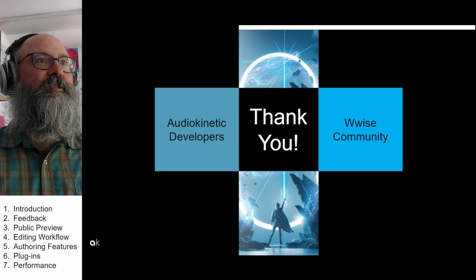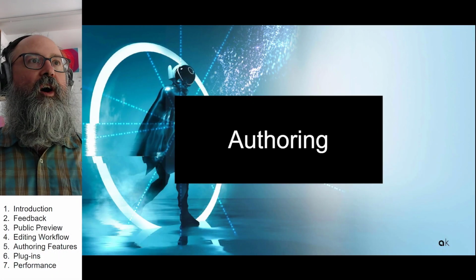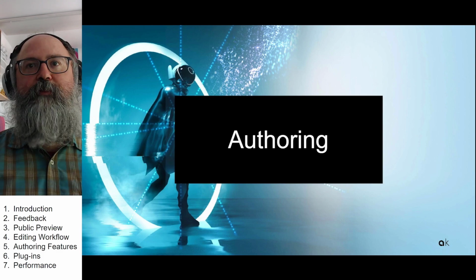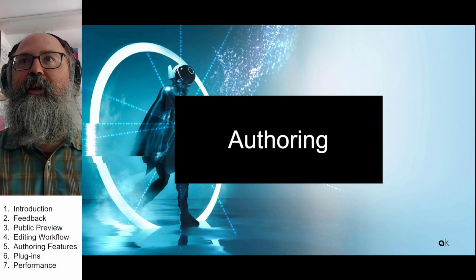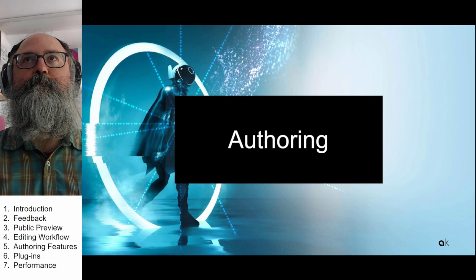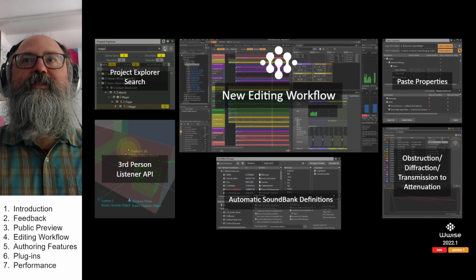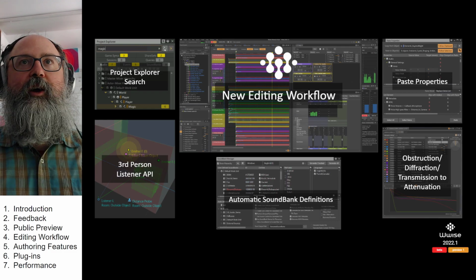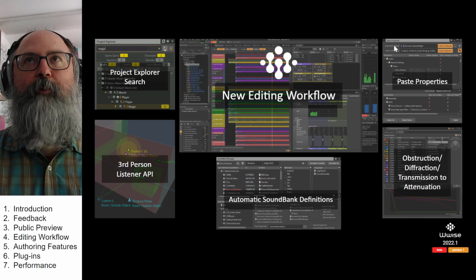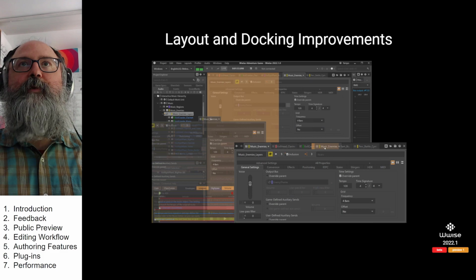Awesome. Well, so back to this. We're going to go deep into the authoring side of other features that are available today as part of the Wwise 22.1 public preview. And this is just a small sampling of what we're going to go over now. I'm going to just jump right in. So you saw some of the layout and docking improvements.